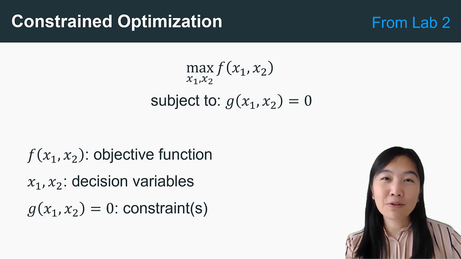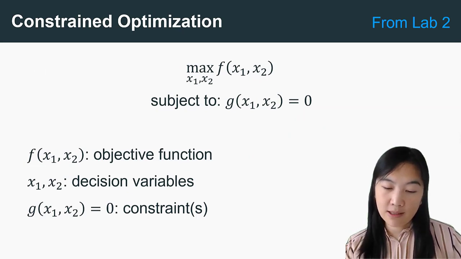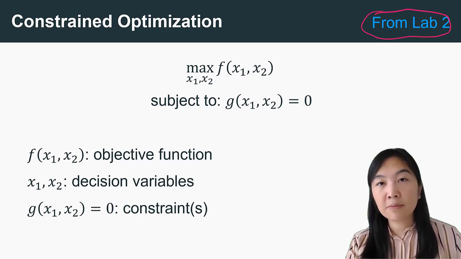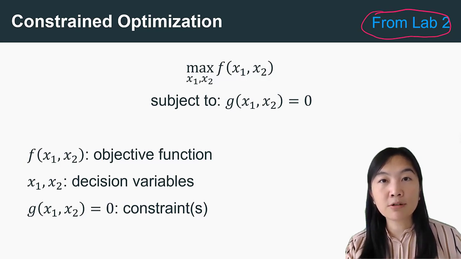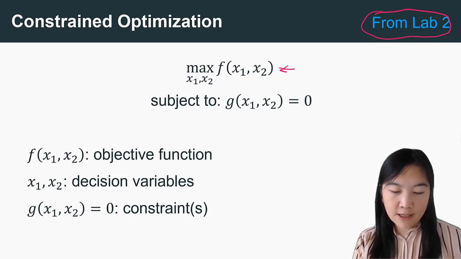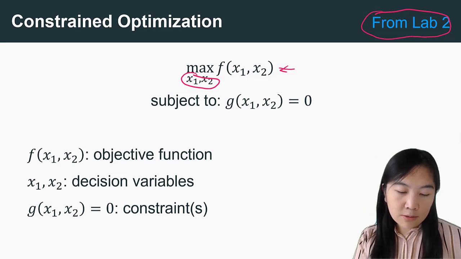Let's have a very quick overview of the constrained optimization problem. I have to remind you, this is from lab 2. So if you are not familiar with this approach, you should go to lab 2 and watch the video there. Usually we will have the objective function. Those two are the decision variables here.